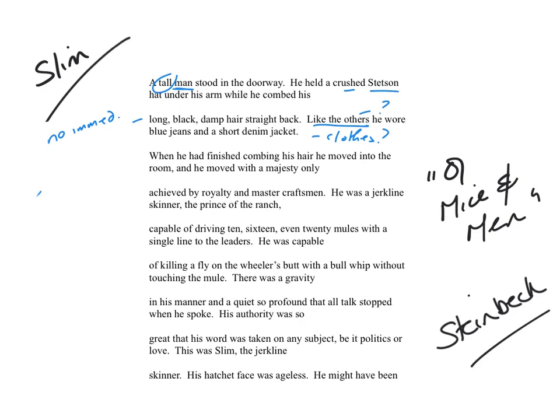"When he'd finished combing his hair," so he does that first, there's kind of stages to this guy, "he moved into the room, and he moved with a majesty only achieved by royalty and master craftsmen." So actually it's only when he's finished that he moves: a majesty, royalty, master craftsman.